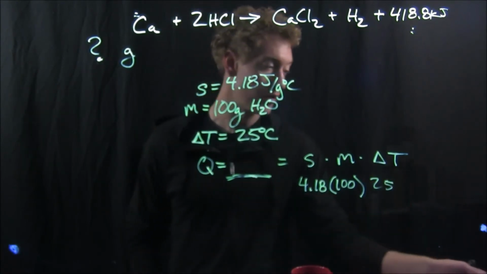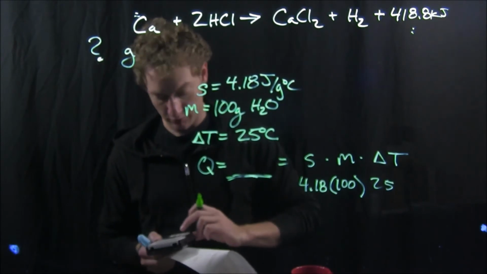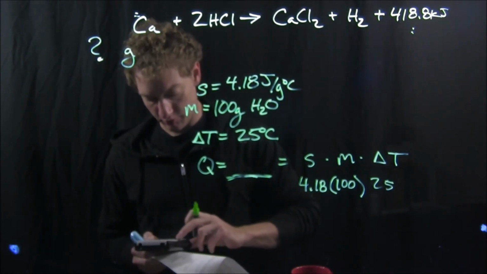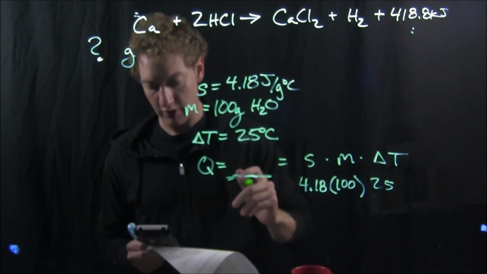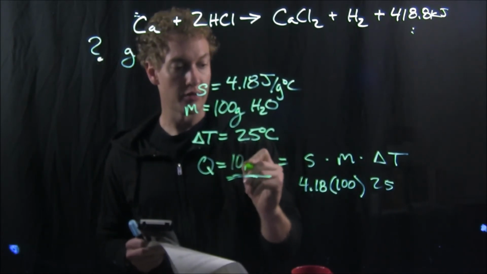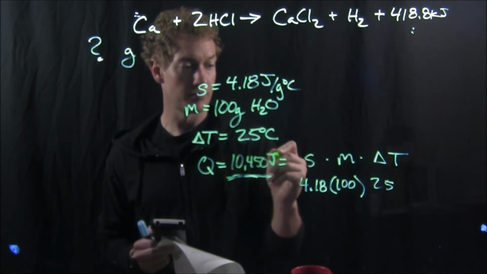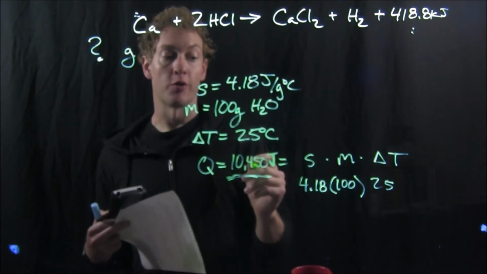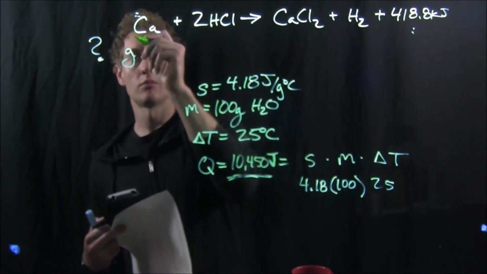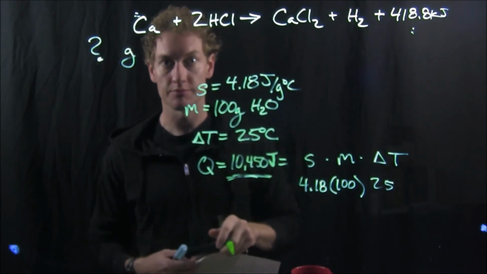Q comes out to be 10,450 joules. Okay, so that's the amount of energy I'm shooting for. So I need to know how that relates to then grams of calcium.